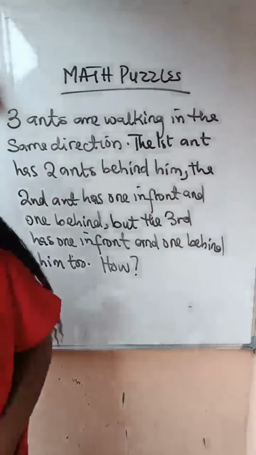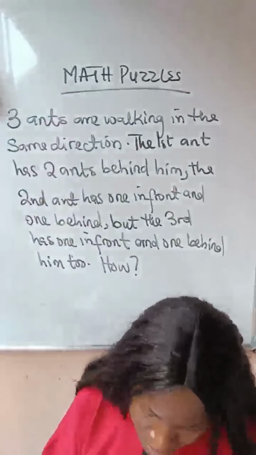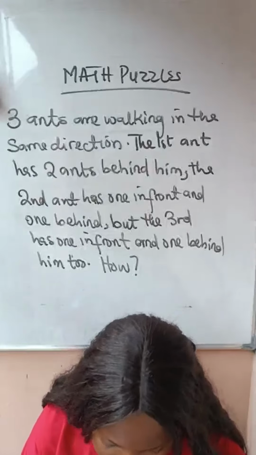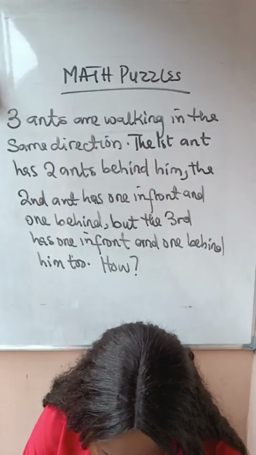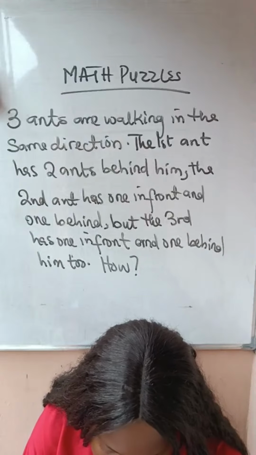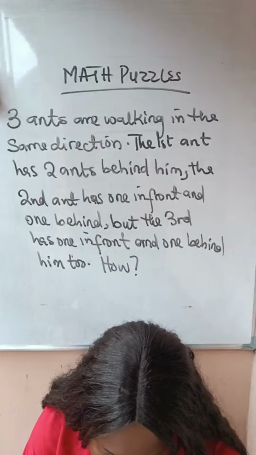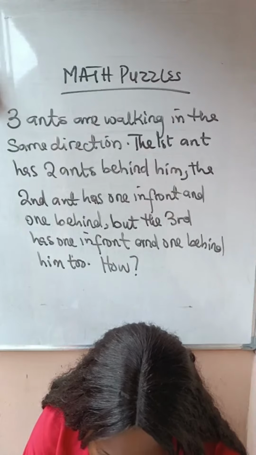So let's see the answers that you provided. Migu is saying circle. Rohit is saying that they are moving in a circular direction. Juby is saying, but then the direction isn't the same. Direction is a vector quantity.